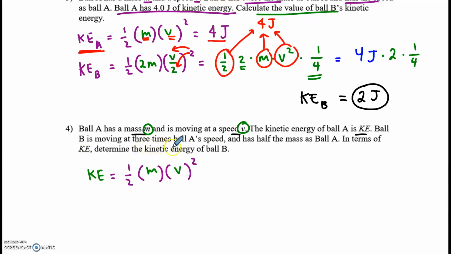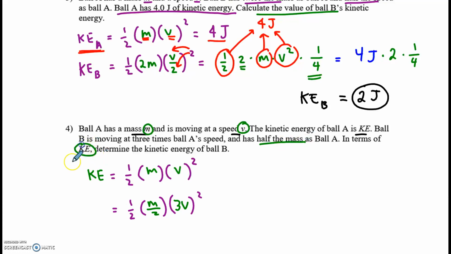B is moving at 3 times A's speed. So B does not have the same old speed v as A. Ball B, the second ball, has 3 times the speed. And it doesn't have the same mass m. It has half the mass.